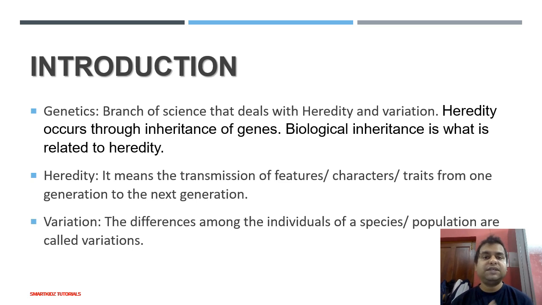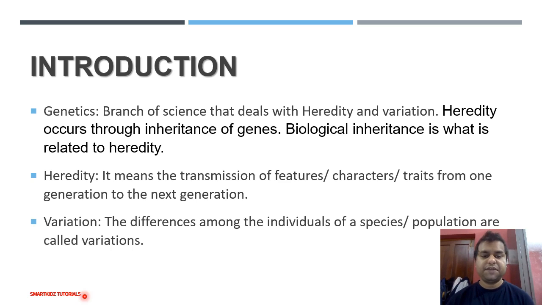So we will see this variation in siblings. In this chapter, we will learn how we get these characteristic traits or features from our parents, how this variation comes about, and how the offsprings are different from each other though they come from the same parent.